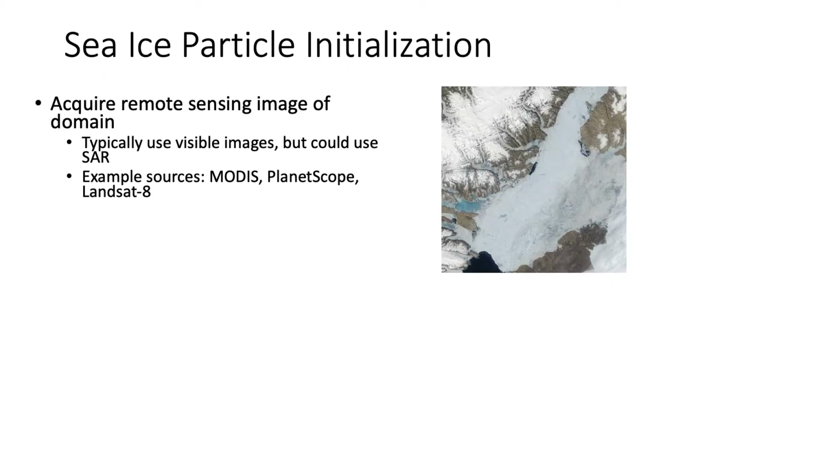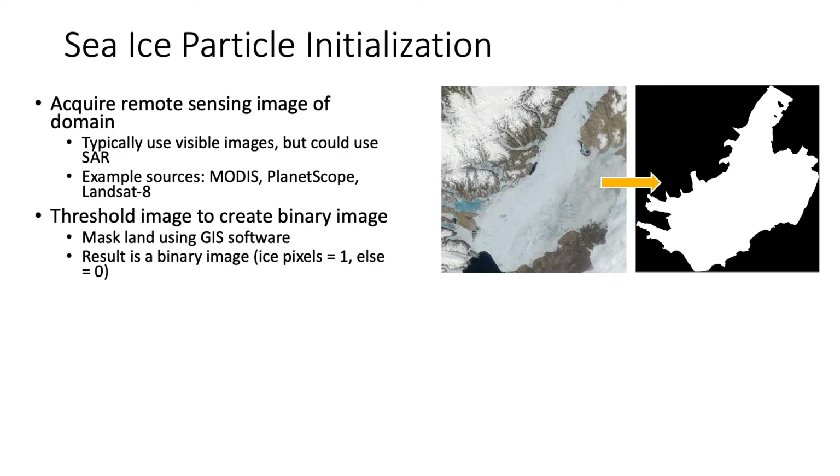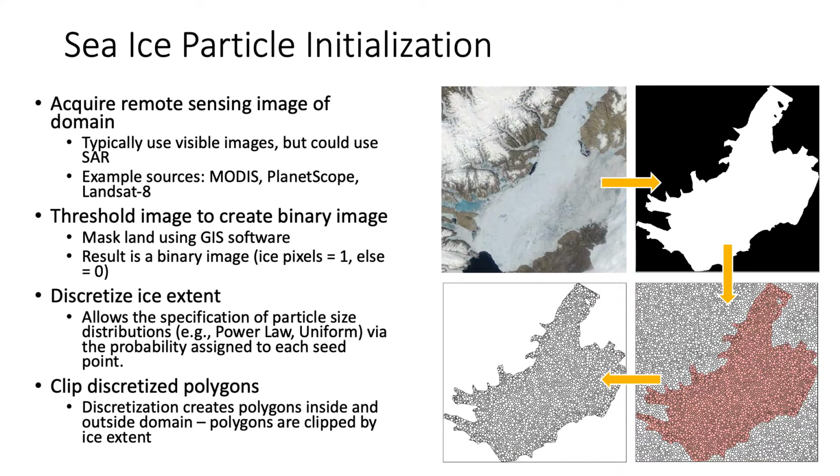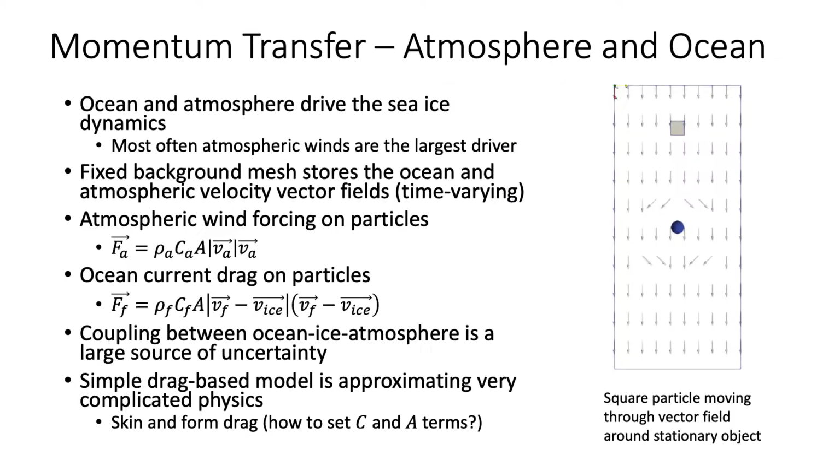On the right-hand side, we've got optical satellite imagery of the Nares Strait, and then what we do is a land mask, and we highlight just the ocean and ice region here, or I think in particular actually the ice, and then we do a Voronoi tessellation of this region, highlight the ice itself, and then we clip those polygons to the ice boundary, and what we're left with is a discretized version of the ice seen in the imagery. And then we use this to initialize our simulations.